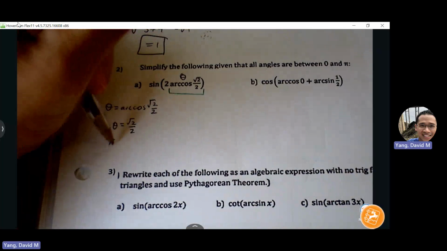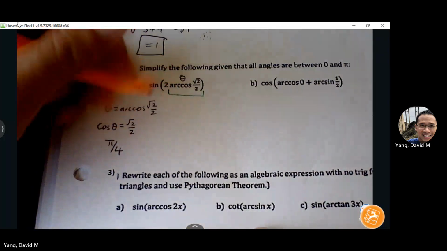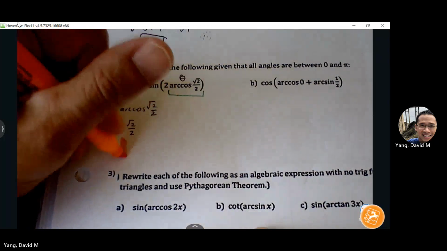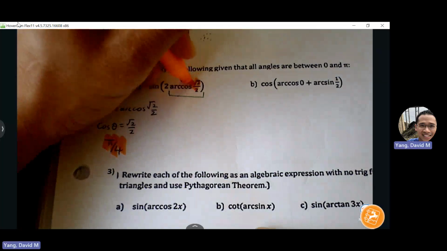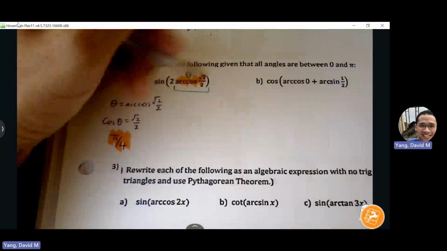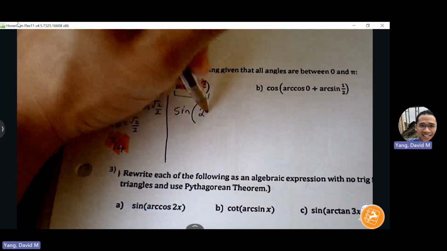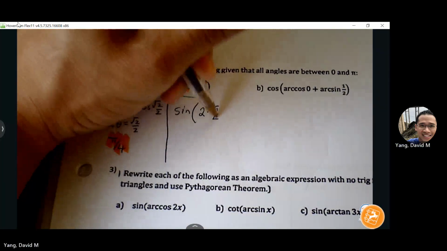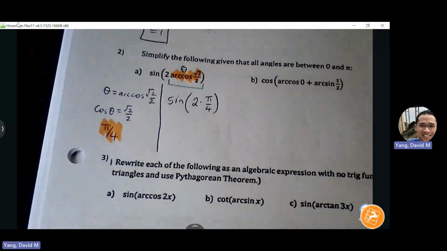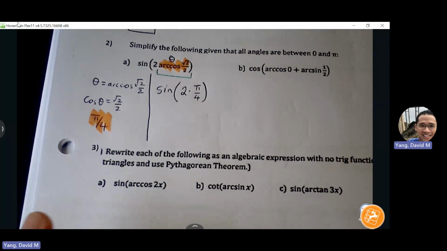Pi over 4. So I'm going to replace that with pi over 4 into this portion there. All right, so I found the replacement for that arc cosine of root 2 over 2, which is pi over 4. So now let's see what that gives us. I have sine of 2 times pi over 4. Now it's a lot cleaner to interpret, right? What's 2 times pi over 4?